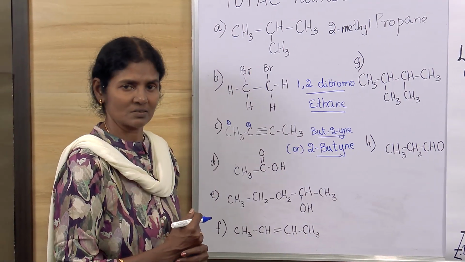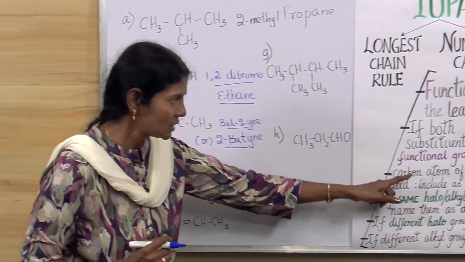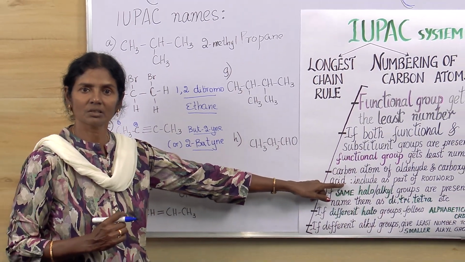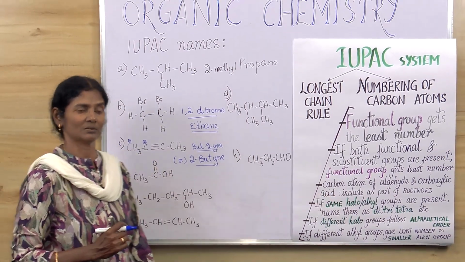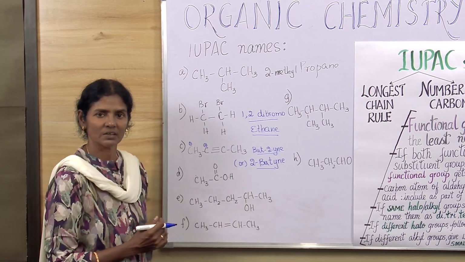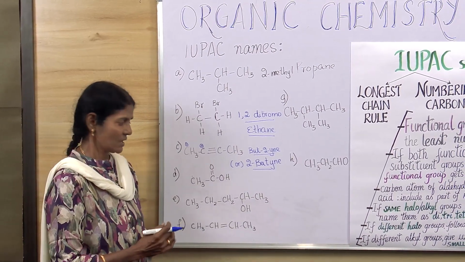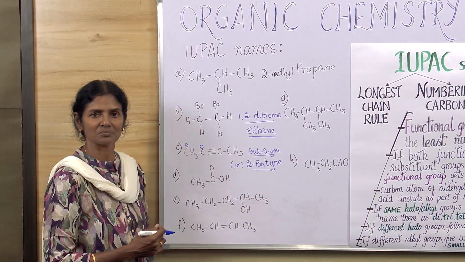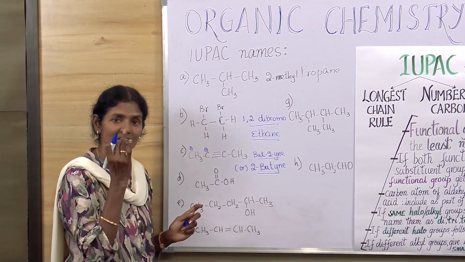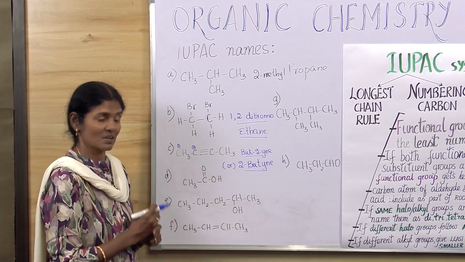Now come to this. Where is this rule here? Aldehyde and carboxylic acid should be included as part of the root word. Now let's come here. COOH. It is a carboxylic acid and there is a carbon atom. So this carbon atom and this carbon atom together make 2 carbon atoms.